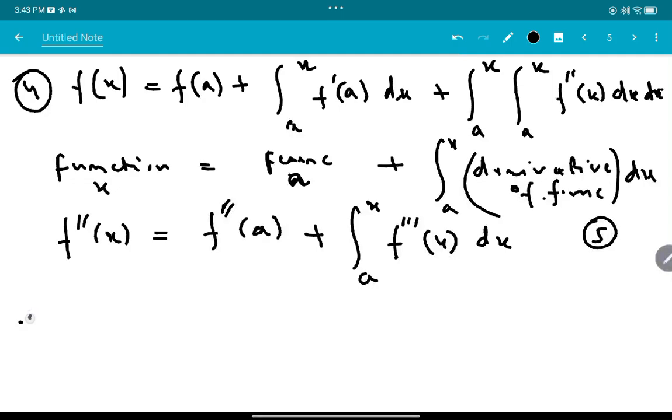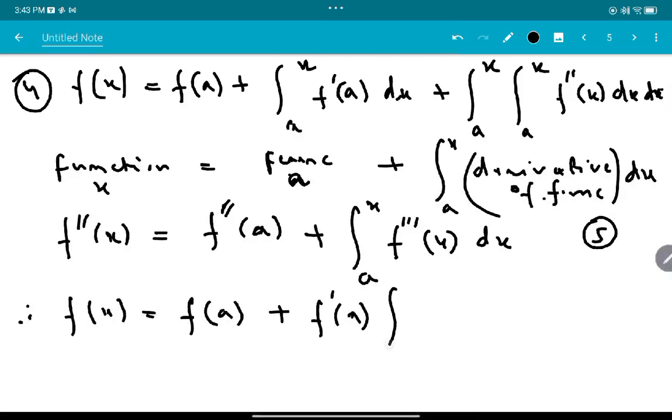Therefore, you get f(x) is equal to f(a) plus f'(a), take it out, and you have the integral a to x dx. Why did I take f'(a) out? Because it is constant. Plus now that term.